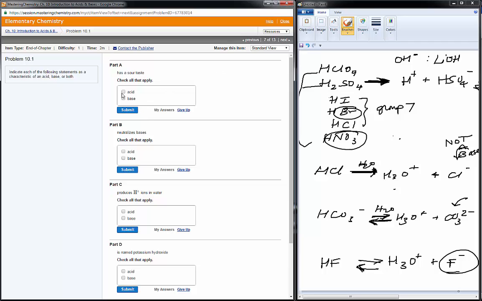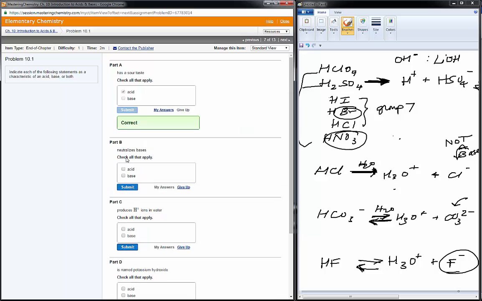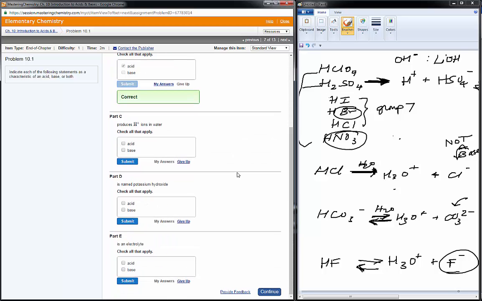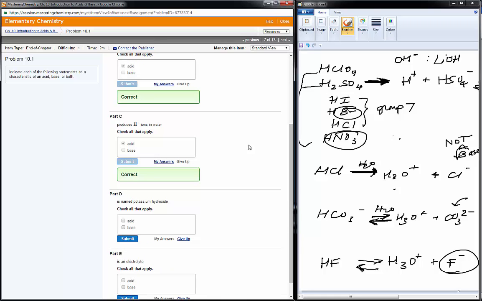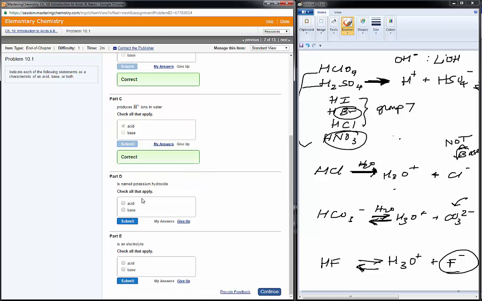Okay, characteristic of an acid or a base or both. Acids are sour. Acids react with bases, so they will neutralize them. Acids donate H+ ions in the water. Potassium hydroxide would be a base.